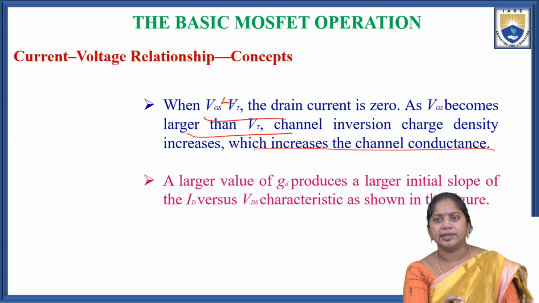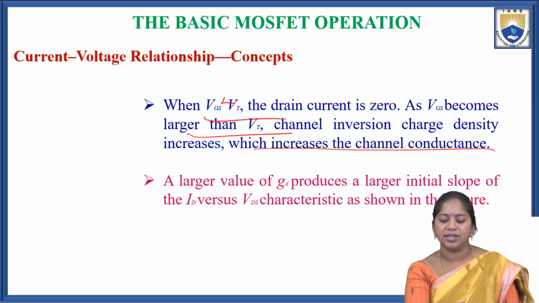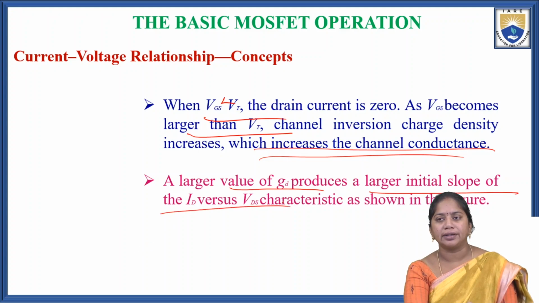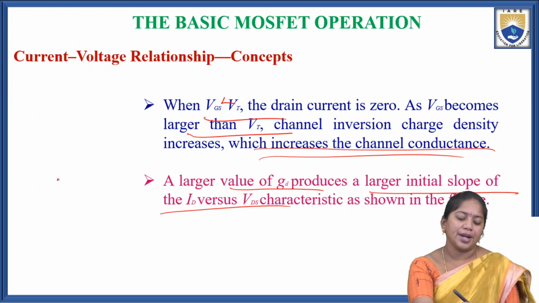As VGS becomes larger than VT, the channel inversion charge density increases, which increases the channel conductance. So a larger value of GD produces a larger initial slope of the ID versus VDS characteristics, as shown in the previous figure.